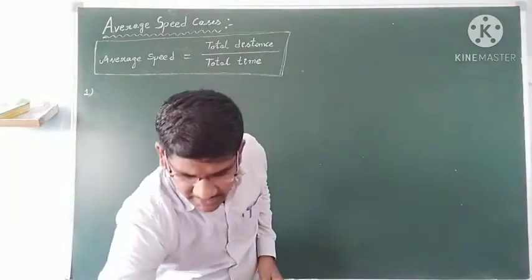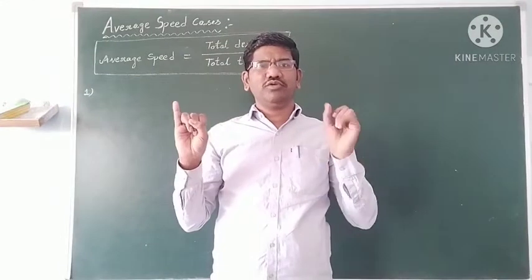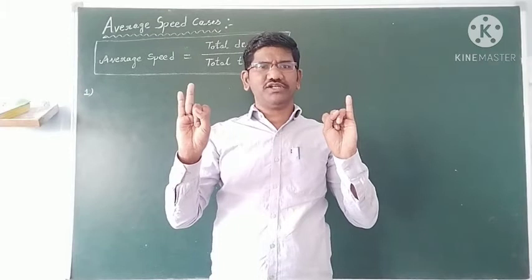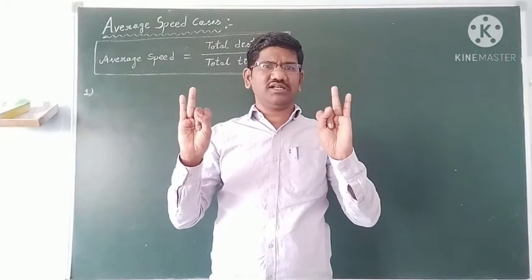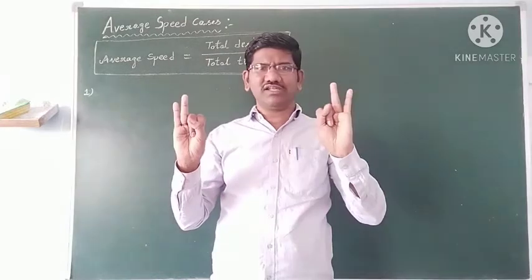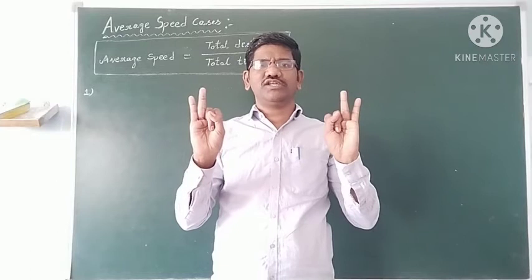So you see, my dear students, if you know the speed definition, you will get the velocity definition. If you get the uniform speed definition, you will get the uniform velocity definition easily. In velocity we just have displacement, in speed we have distance.